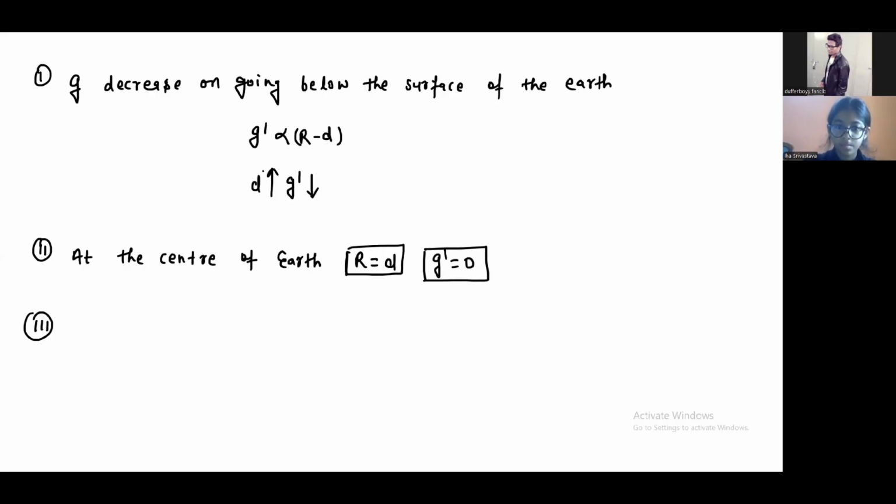Third point: the decrease in the value of g with depth. Here we have seen that the value of g decreases. If anyone asks you about the absolute decrease, we write delta g, and delta g is equal to g minus g dash, which gives d g by R. That is point A. Point B is the fractional decrease.